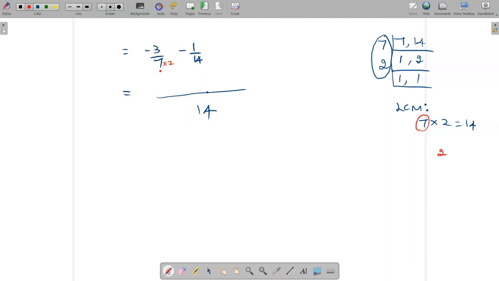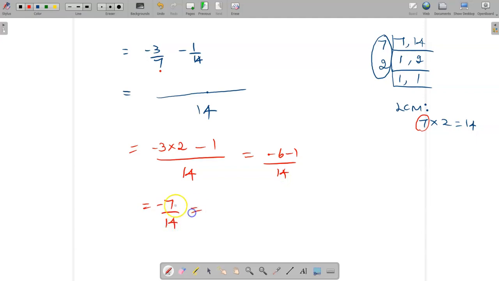So I have minus 3 into 2 in the numerator. The denominator is 14, and the other term already has 14, so nothing to multiply there, write as it is. Minus 3 into 2 is minus 6, minus 1 divided by 14, so it is minus 7 by 14. Apply the 7 table: 7 1s are 7, 7 2s are 14, so it is minus 1 by 2. So this is the final answer.